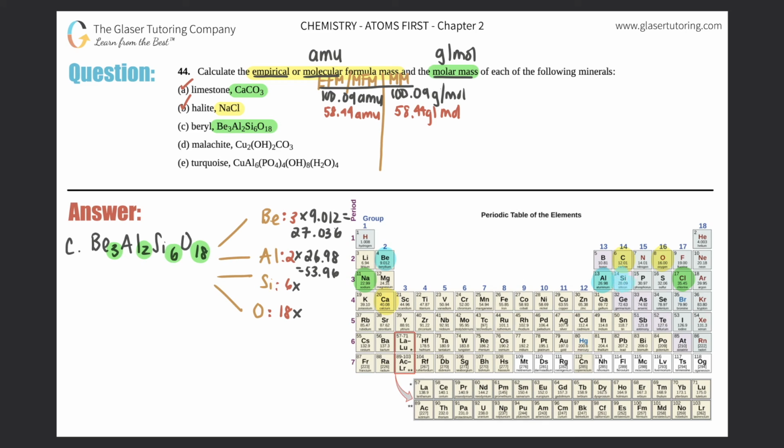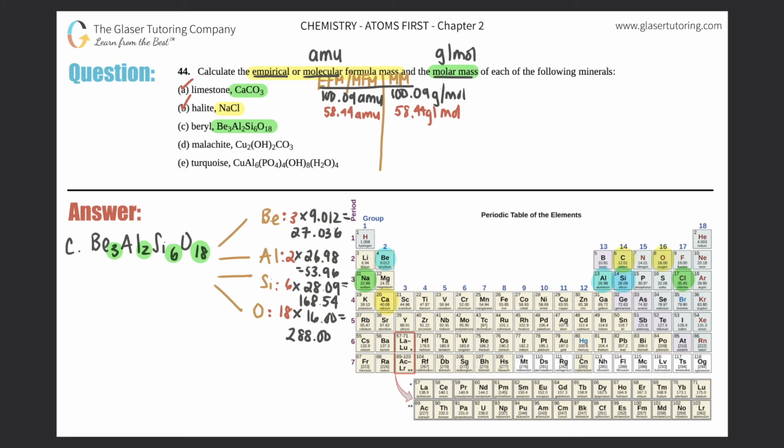Silicon is right here. It's right next to aluminum. So that's 28.09, and we have 6 of them. So 6 times 28.09, you get 168.54. And then oxygen we found out from before was 16. So 18 times 16 is 288.